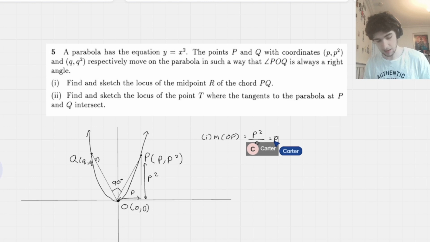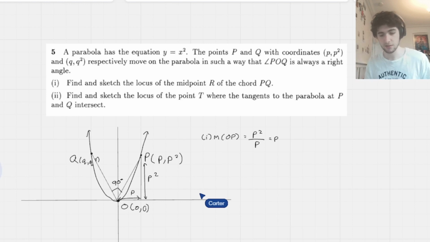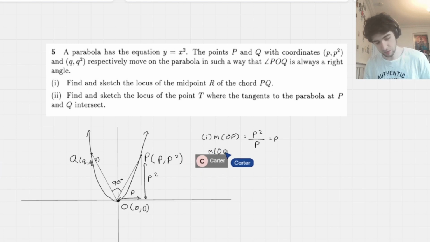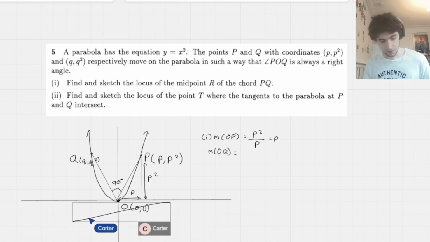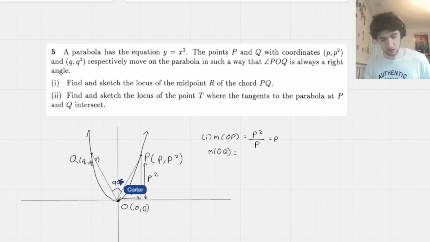So this just gives me p, so my gradient of OP is p. As long as that gradient is defined and I don't have just a singular point, then I know the gradient of OQ is going to be the negative reciprocal of that, since the angle between them is 90. So the gradient of OQ is minus 1 over p.